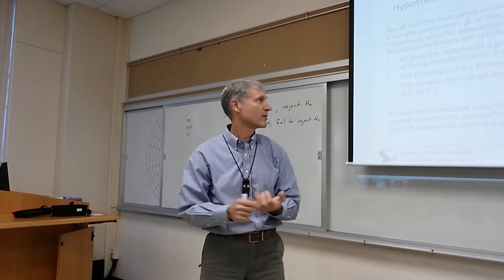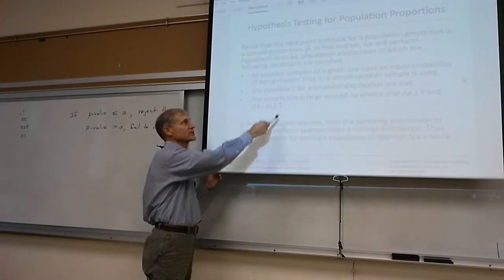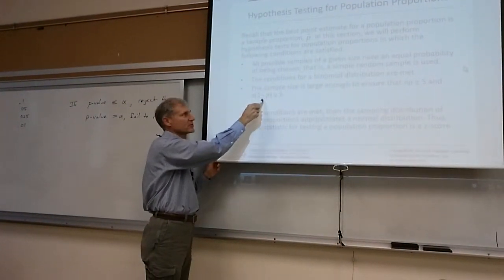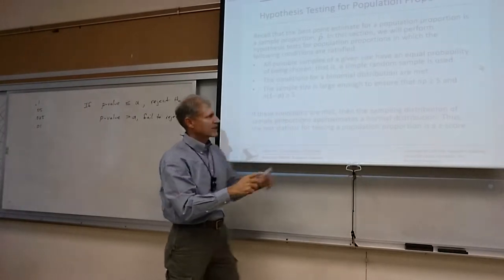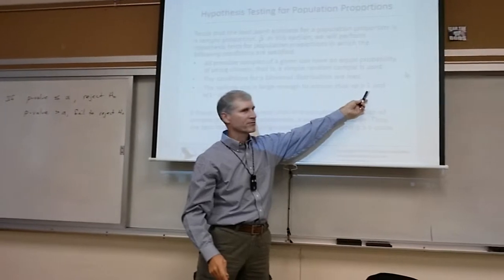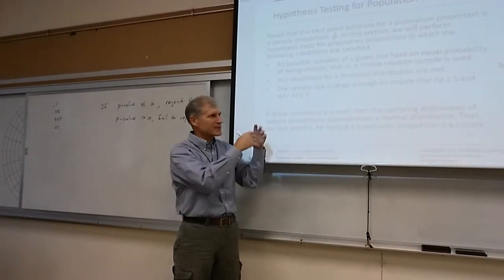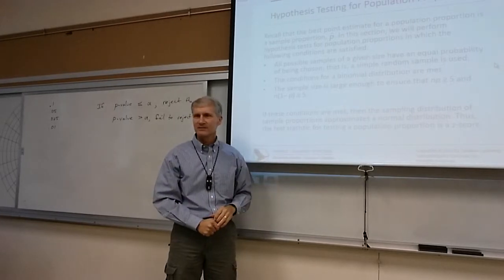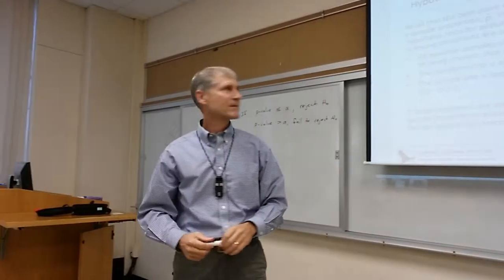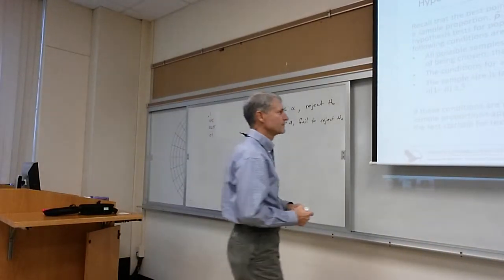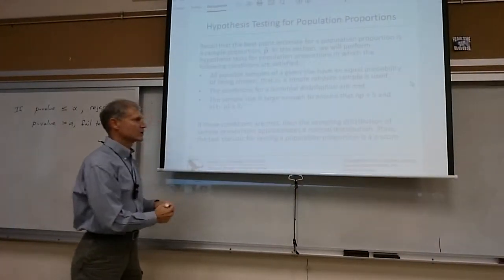But then in order to use the normal approximation to the binomial, our central limit theorem rule has to be met. That's np greater than or equal to 5 and n times 1 minus p greater than or equal to 5. In English: 5 successes and 5 failures. If those are all met, then we can approximate with a normal distribution.